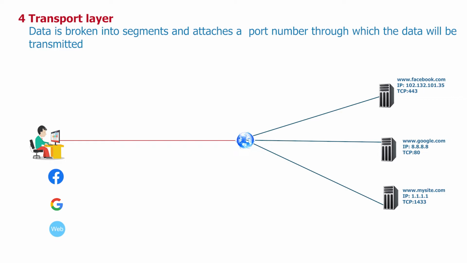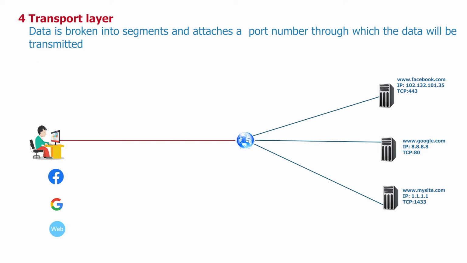When this happens, ask yourself, how does each application send information over the same physical layer and receive the right response from their respective servers? What happens here is that, at this layer, each service opens a random port number and attaches it to the data being transmitted so that the respective server can send a response through the same port number.